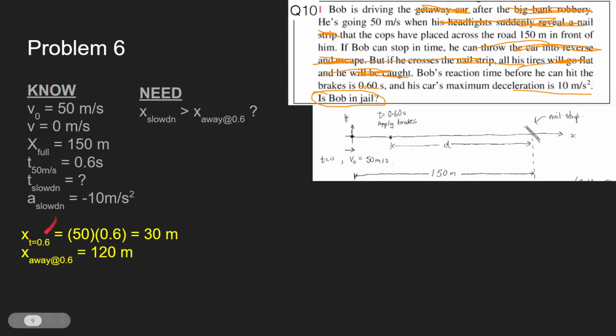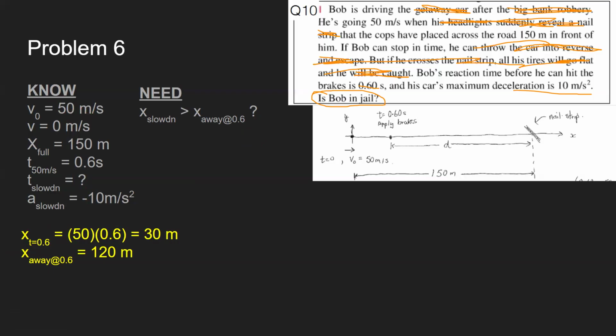So basically, how far away is the spike strip when you start slowing down? Well, we can find that by knowing the time. What distance does he travel when he's going 50 meters per second? Well, he's going 50 meters per second for 0.6 seconds.